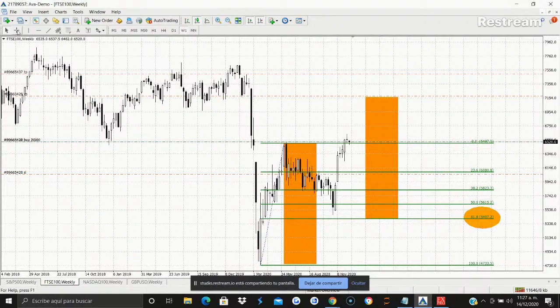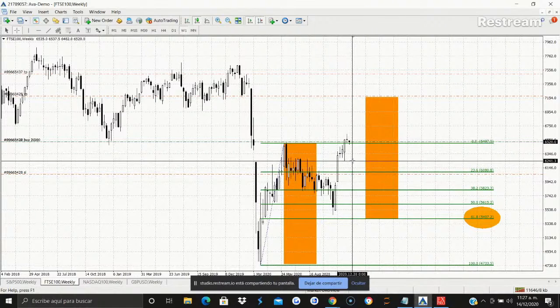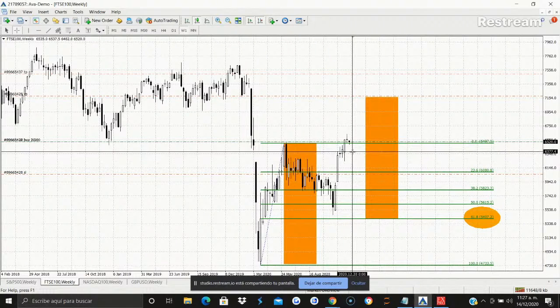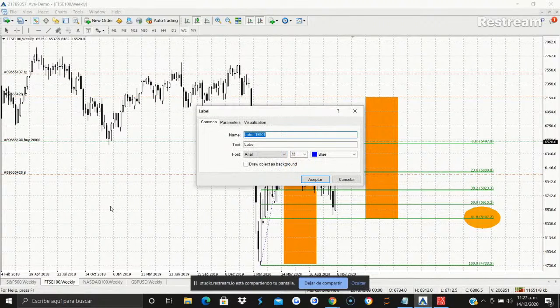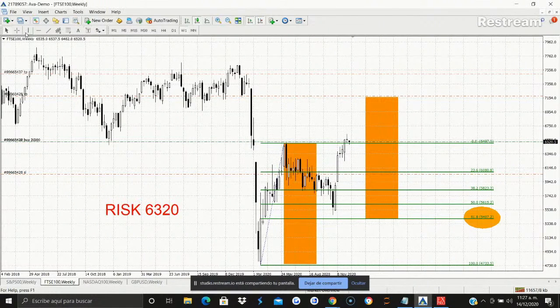I'm betting on it, and my risk, if I have to say something, I will take the risk. It's a very tricky one, but I will take my risk all the way to 6,360 points. Okay, I want to make sure the risk is clear. 6,320. Let me just measure.